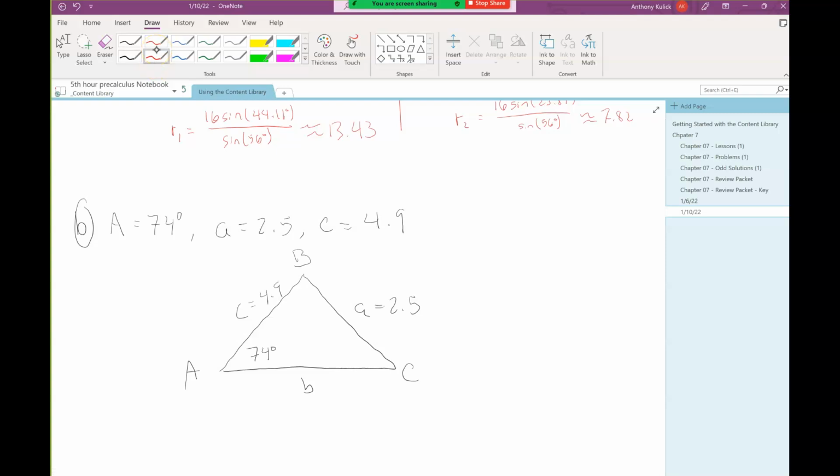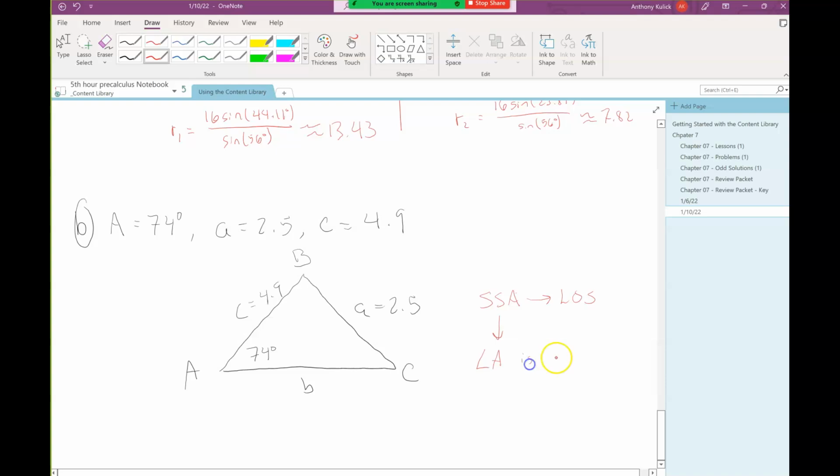Okay, what situation are we in? This is side-side-angle, right? So we know we're going to be using the law of sines. But with side-side-angle, there's more analysis I have to do before I start my law of sines, right? So the given angle is acute or obtuse.